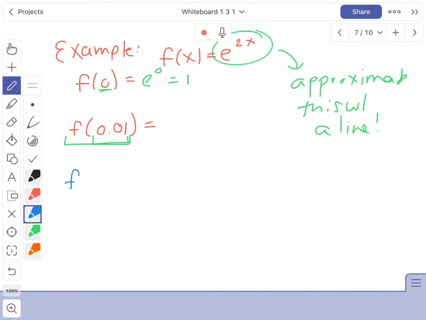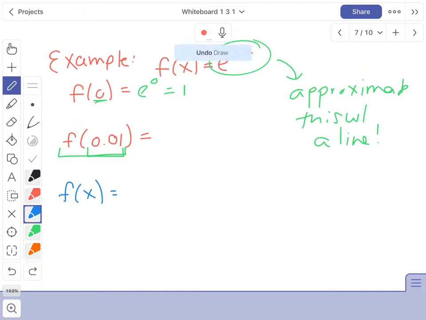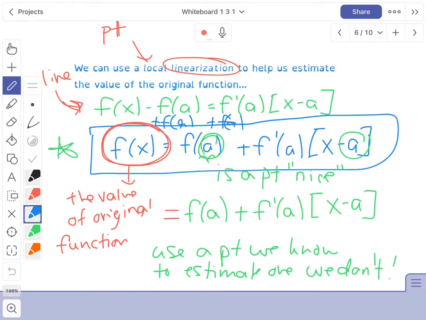We said to approximate the value of the function, we would take the function value at a point we know that's very close to x. Maybe I'll go back and show you what I'm referencing. Just referencing our main formula again, and then we're going to add the second part here.